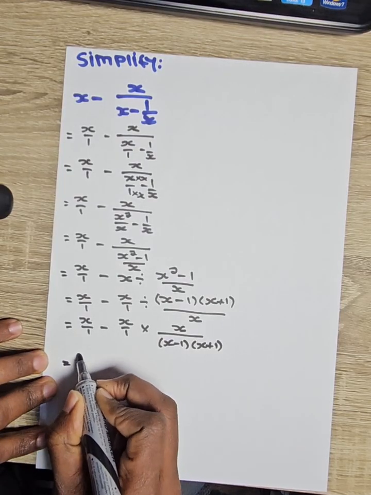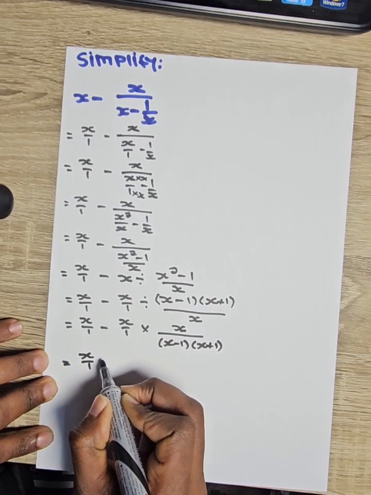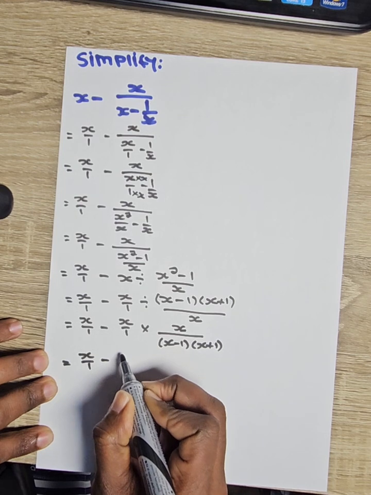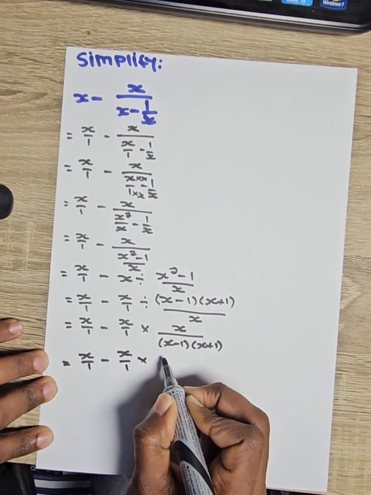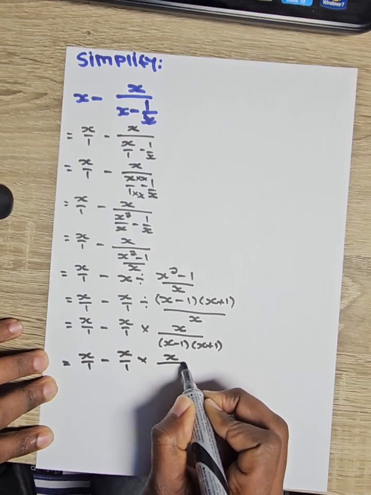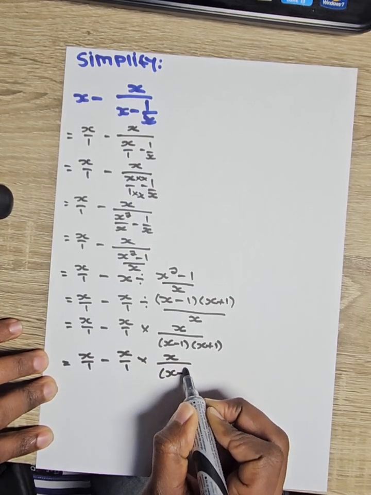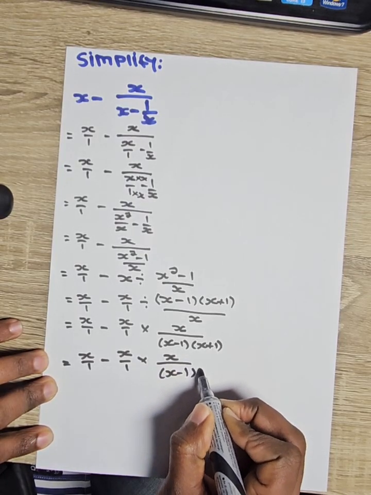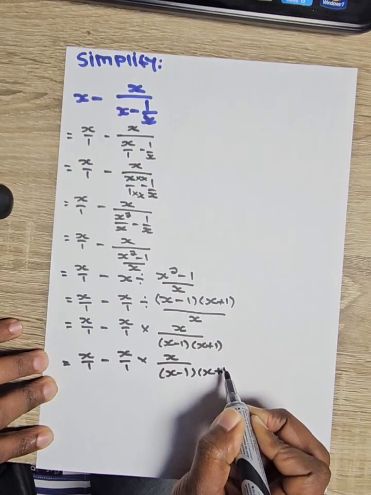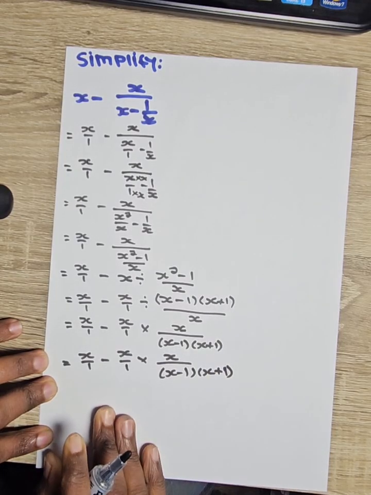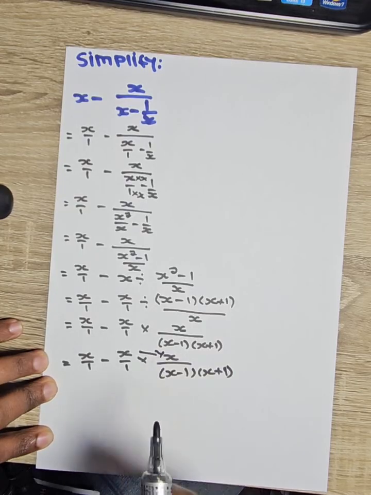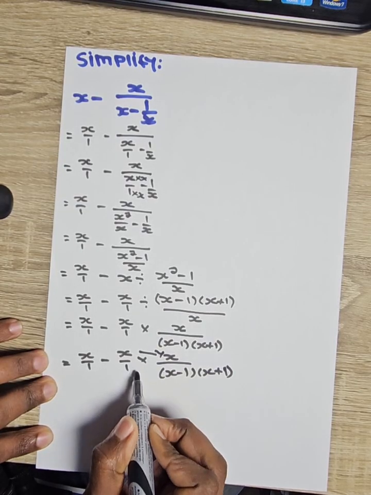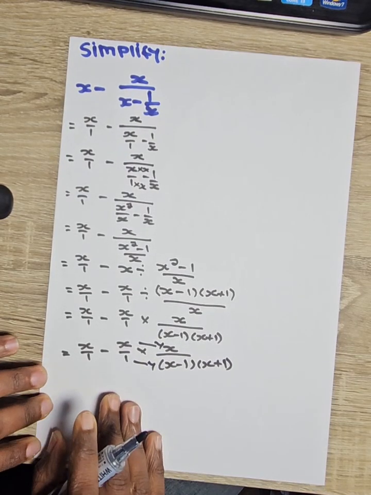This equals x over 1 minus x over 1 times x over x minus 1 times x plus 1. What can we cancel here? Nothing we can cancel.